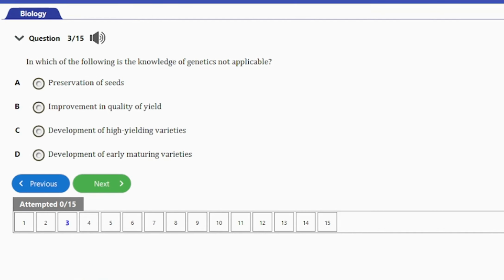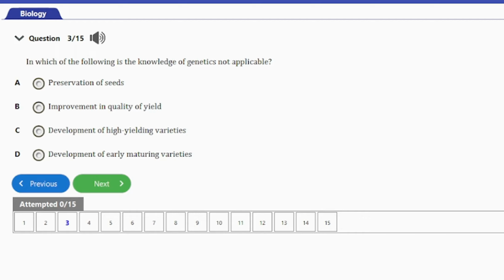Question number 3 says, in which of the following is the knowledge of genetics not applicable? A, preservation of seeds, B, improvement of quality of yield, C, development of high yielding varieties, and D, development of early maturing varieties.